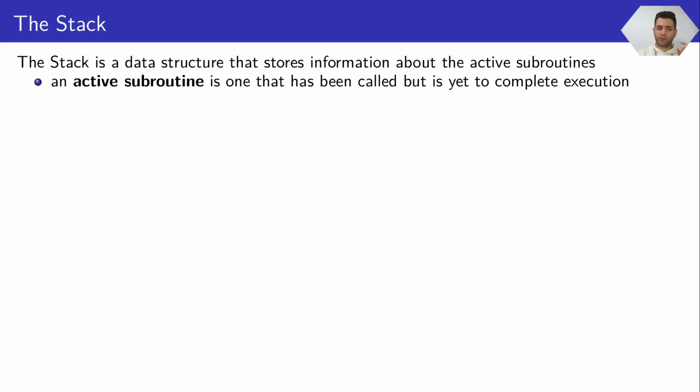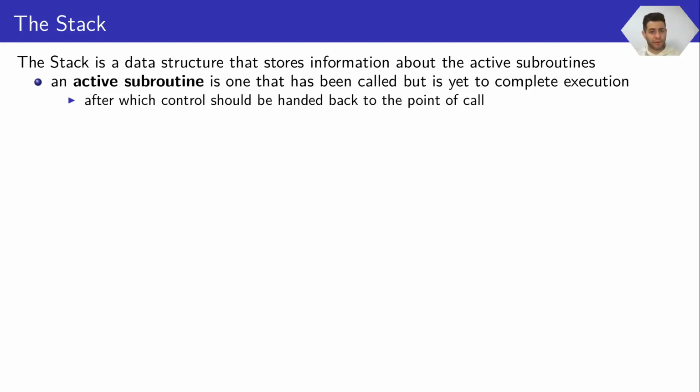An active subroutine, an active function, is a function that has been called, but still needs to complete its execution. And at the end of the execution, there must exist a system, a strategy, an algorithm that is able to return the control back to the exact point in which the function has been called.